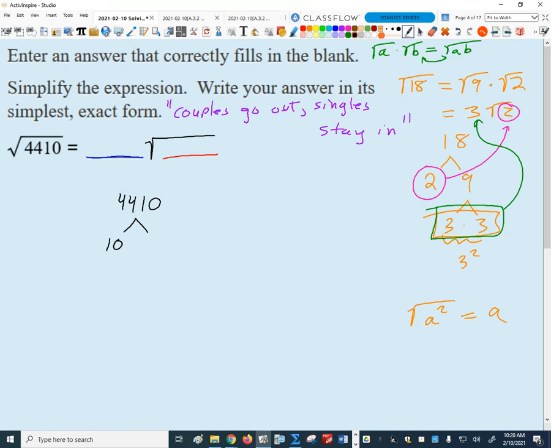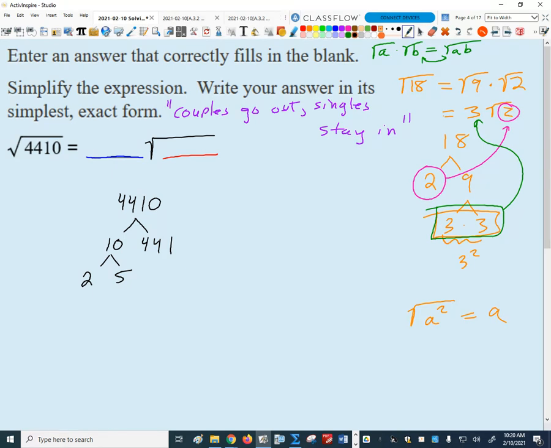Well, 4410 equals 10 times what? 441, right? I'm just getting rid of that 0 when I divide by 10. And then 10 we know breaks up into 2 and 5.